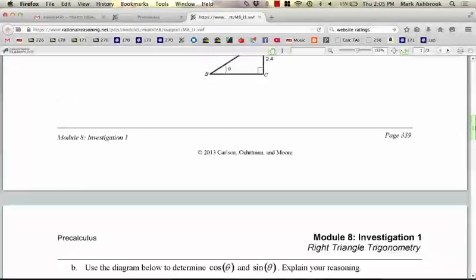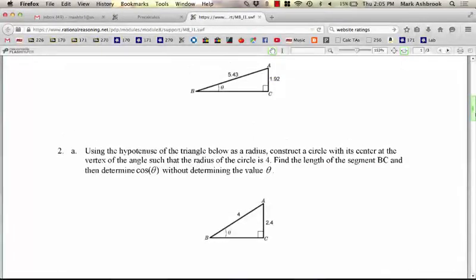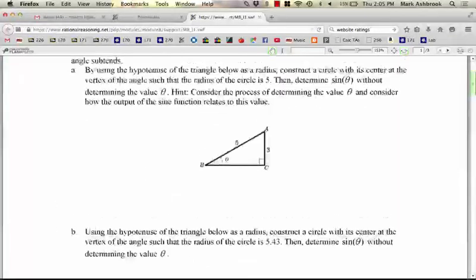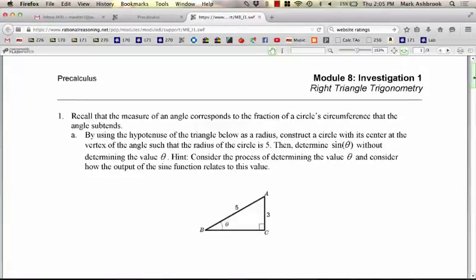I want you to do 1, 2, and 3. But here's the key thing. We've had to relate it back. So now we're just given this right triangle. So we want to relate this back to our circles. So we're going to draw the circle.